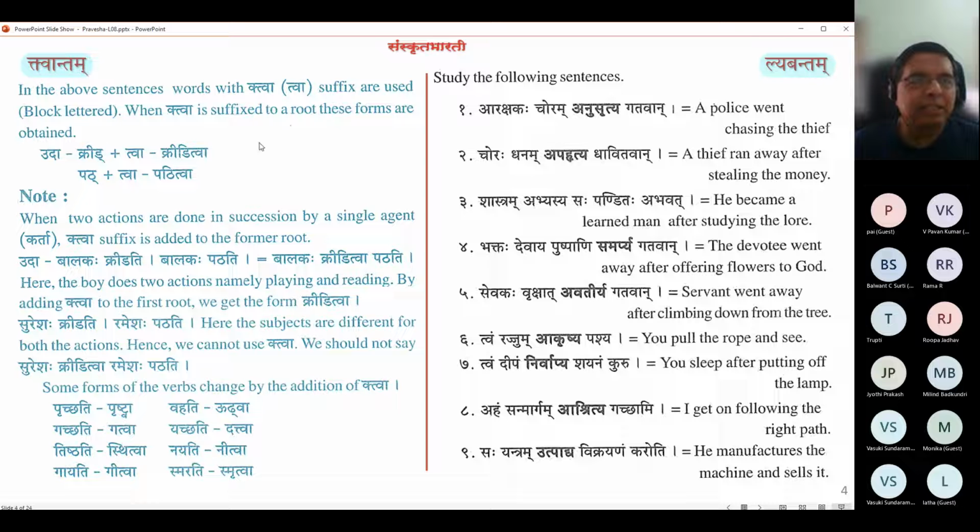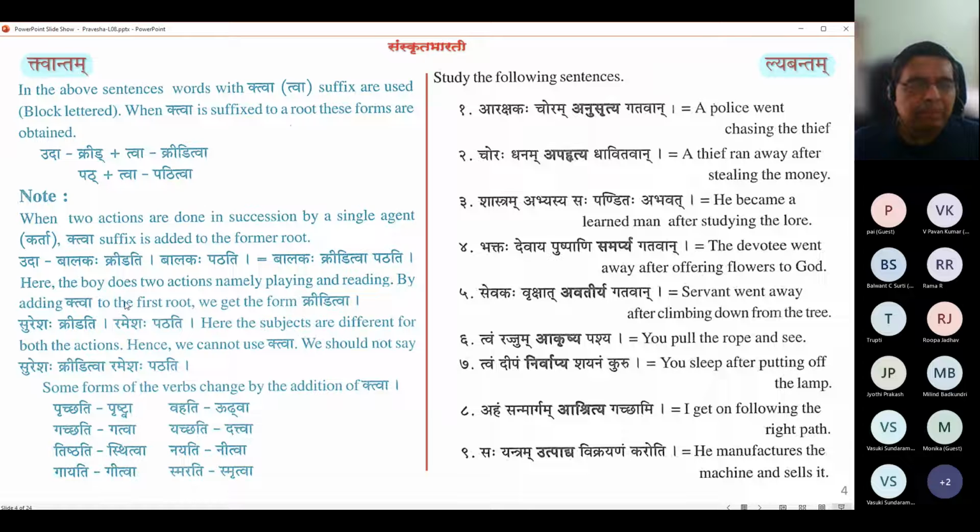So that's another important lesson to learn about these tvantas. Tvantas don't decide the timeline. They become simply a completed action before the other verb, which can be in past, present, or future. Okay, so tvanta as such doesn't technically have a fixated tense, but it is before the other action. So that's what we saw.